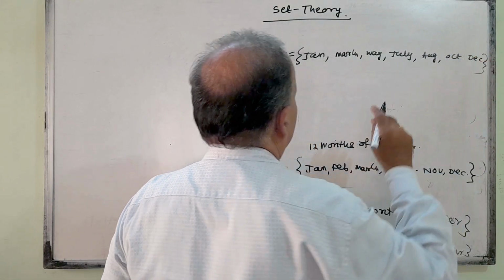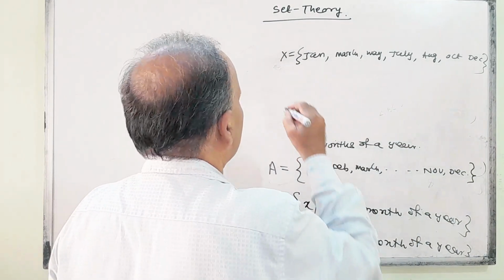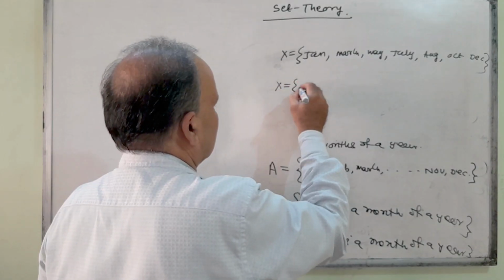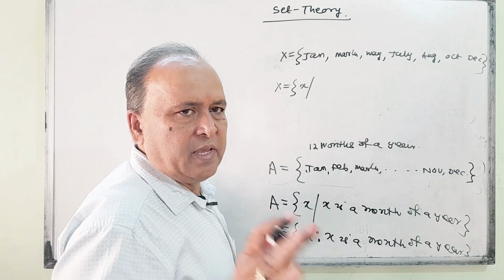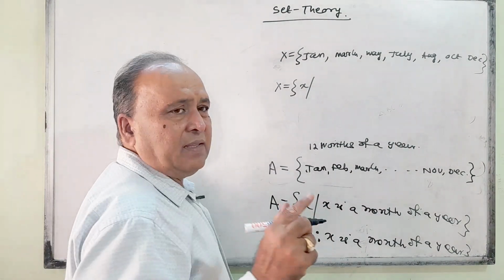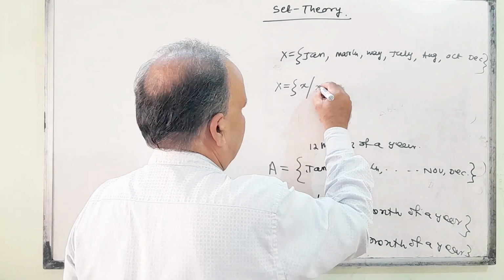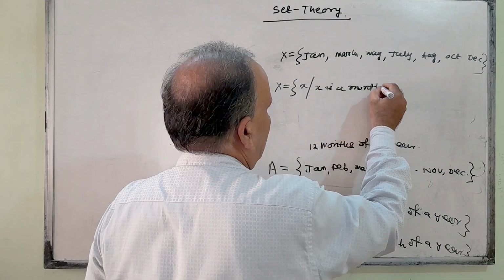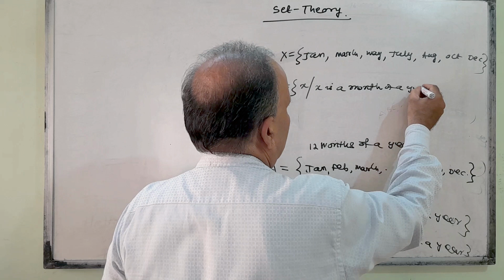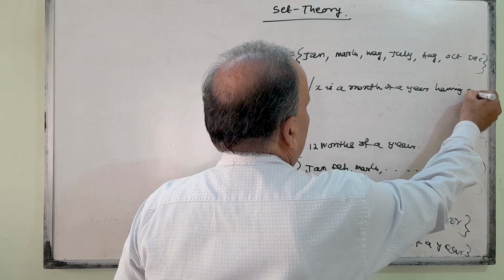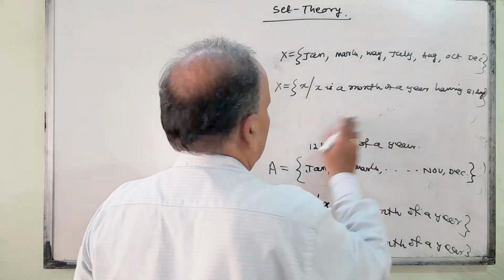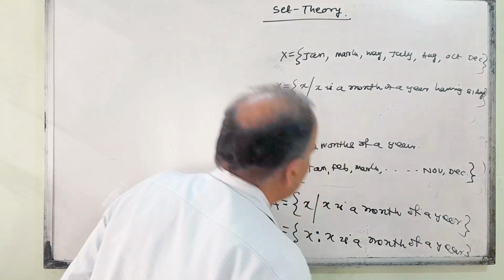How can you write it? Think about it; this is logic. X is equal to {X such that X is a month of a year having 31 days}.